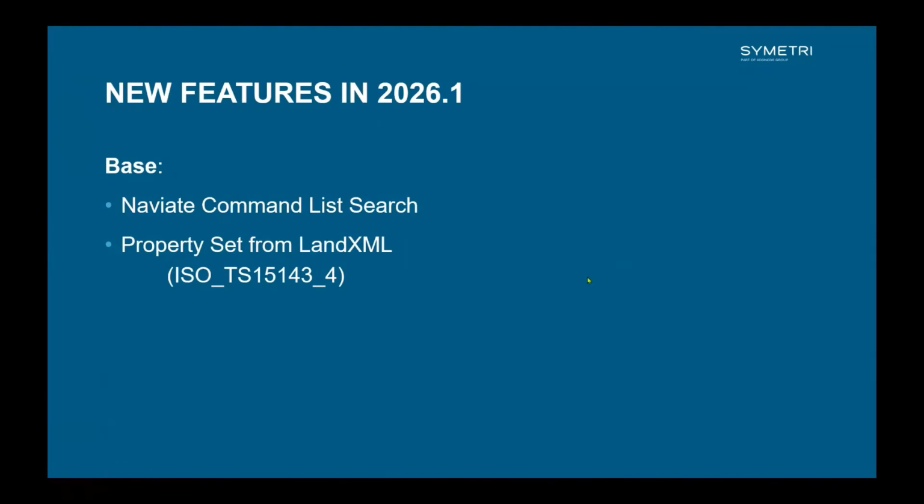Okay, next thing in Naviate base or the base functionality. This is mostly Swedish, but it's importing property set from LandXML. And this is international, I think, ISO TS 15143_4.